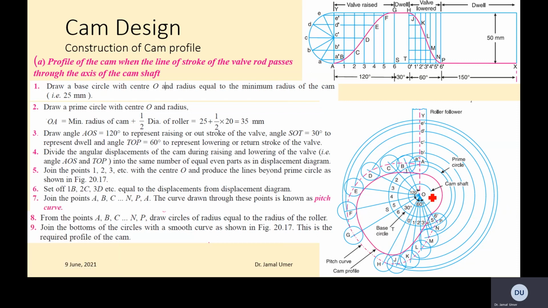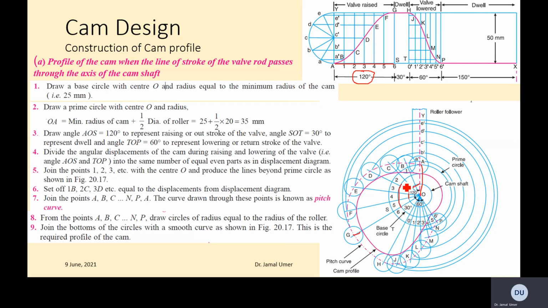So you mark the reference from here to A, and then you got 120 degrees at this point. So this whole angle is 120 degrees, right? And then you divide this into the equal number of parts as you have done. So you have divided into 6 parts. You divide into 6 parts as well, right?